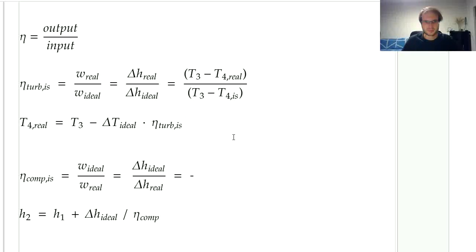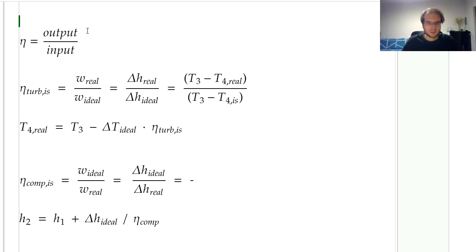Now let's put in the values from our example with the pressure ratio being 10.